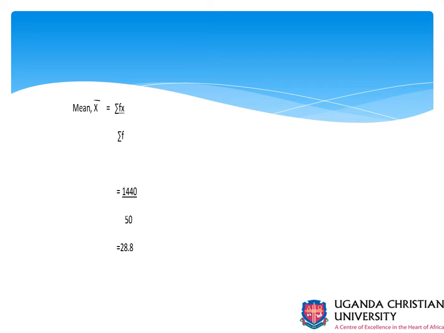Those were the people who opened up accounts in February. So on average, a customer was 29 years old. Given the data that we collected, this is trying to represent the population of Centenary Bank customers that opened up accounts in February 2020. So we are saying that on average, a customer then was 28 or 29 years old.